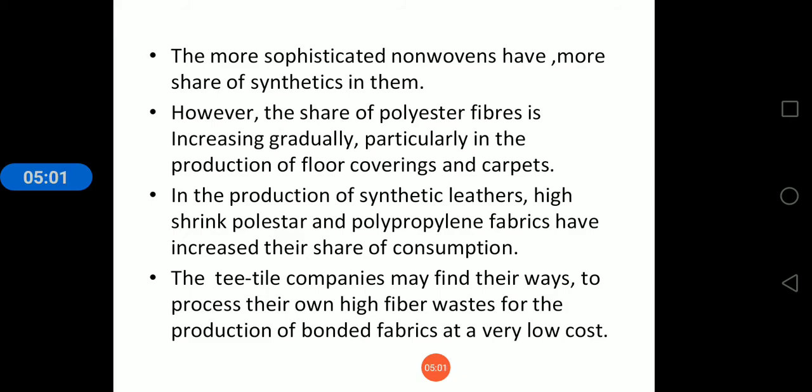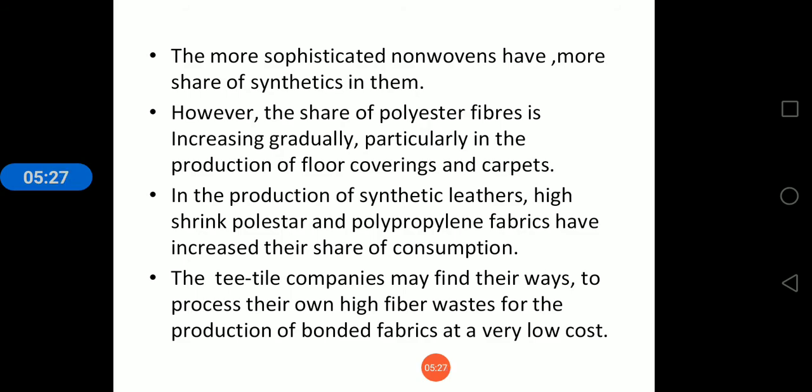The more sophisticated nonwovens have a greater share of synthetics in them. However, the share of polyester fibers is increasing gradually, particularly in the production of floor coverings and carpets. In the production of synthetic leathers, high strength polyester and polypropylene fabrics have increased their share of consumption.